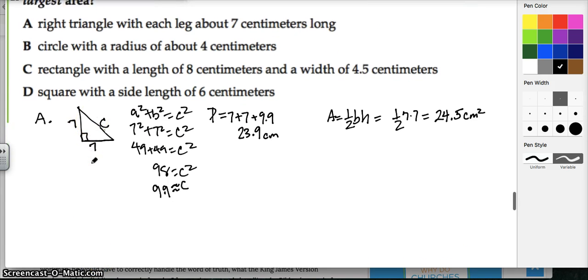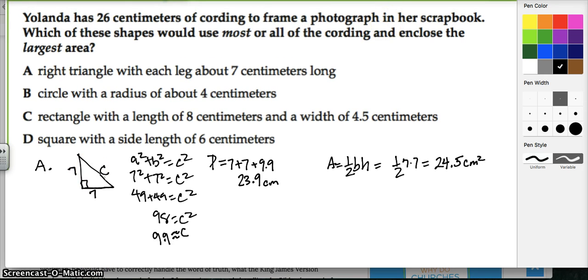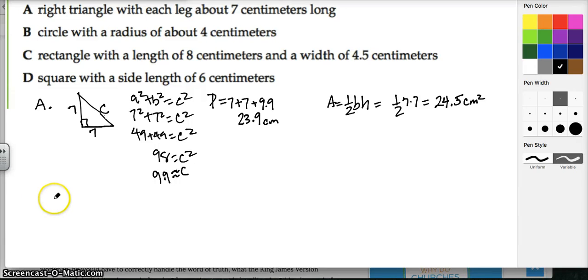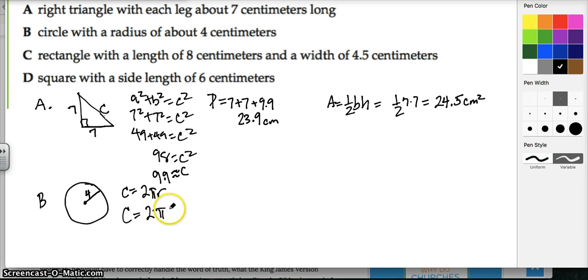Let's check out the circle, and remember we're looking for the one that uses most of the cording and has the largest area when we're done. Part B is dealing with the circle, and we remember that to find the circumference of a circle, which is basically the perimeter, we do 2 times pi times r. So the circumference of this circle is 2 times pi times 4, which is 8 pi.